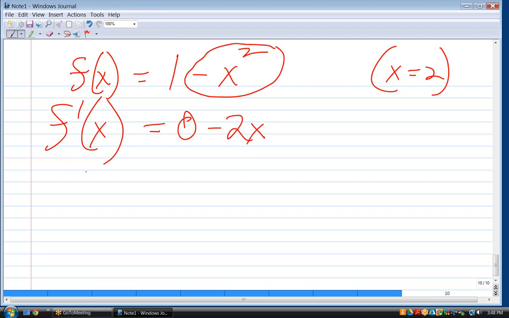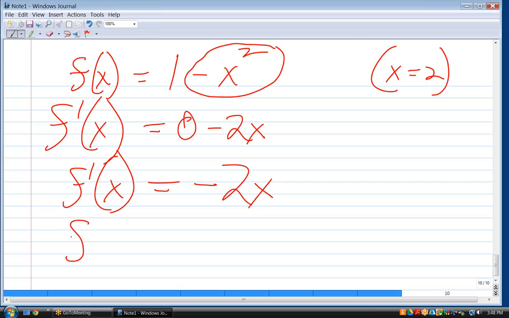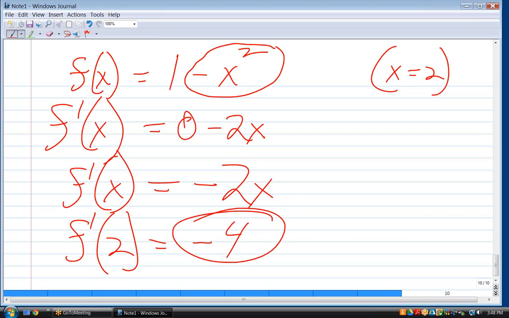So the derivative function is minus 2x. So the derivative function evaluated at 2 is minus 4.